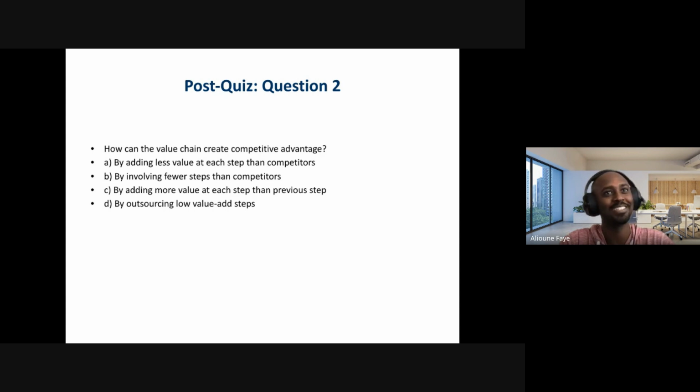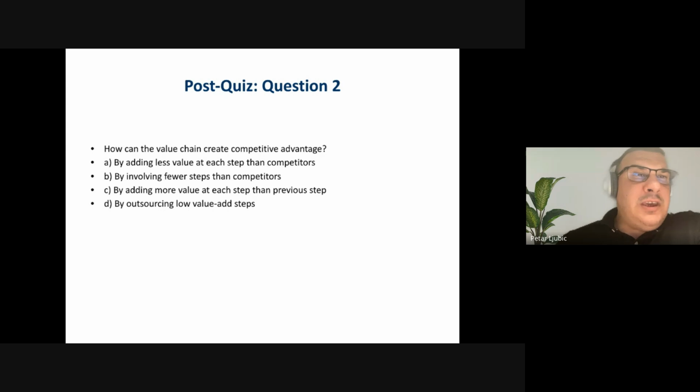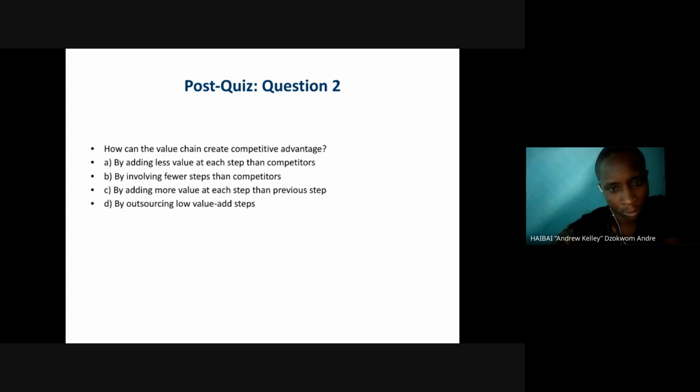Ah, that's a tough one. How can you create competitive advantage? B, by involving fewer steps than competitors. Fewer steps. Okay. Somebody else?